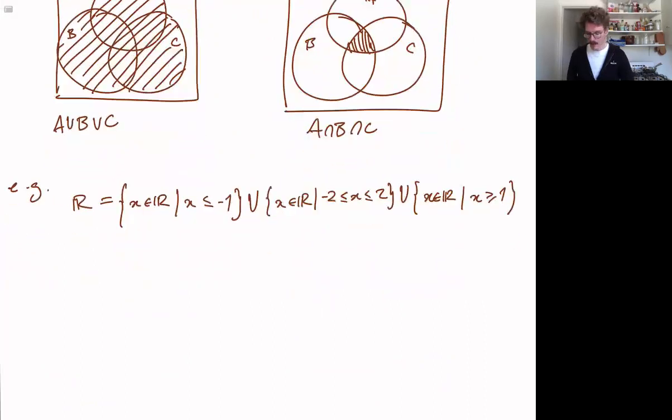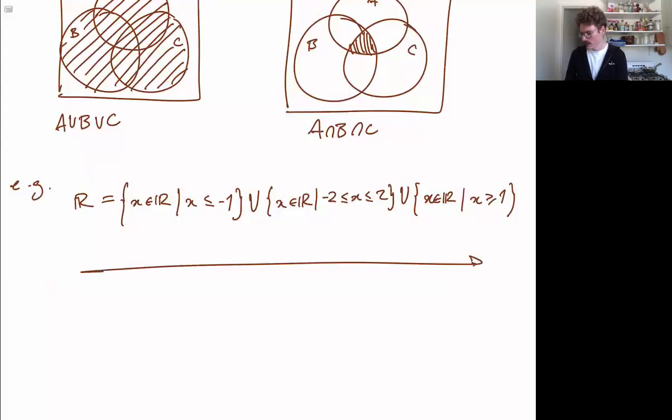This is saying that if we take the real line, which looks like a line, there we go, 0, 1, 2, and -1 and -2, then this first set is things that are at most -1, so it's like that.